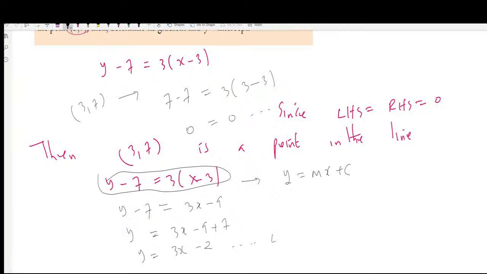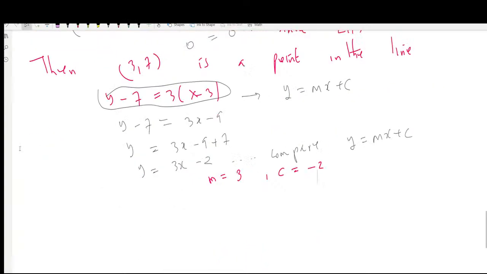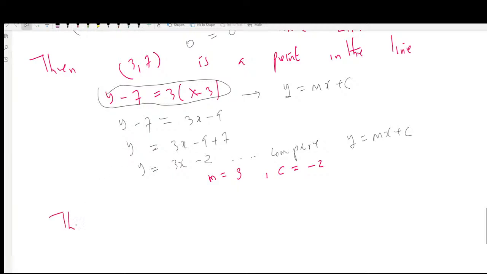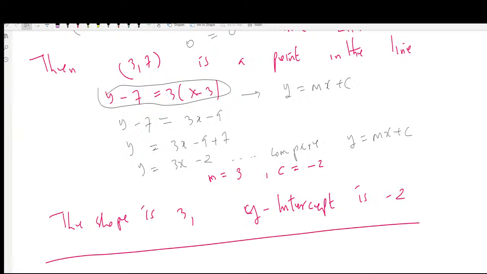Now you'll be comparing with y equals mx plus c. When you compare, dear students, the slope is 3 and c is negative 2. So you can say that the slope is 3 and the y-intercept is negative 2, dear students.